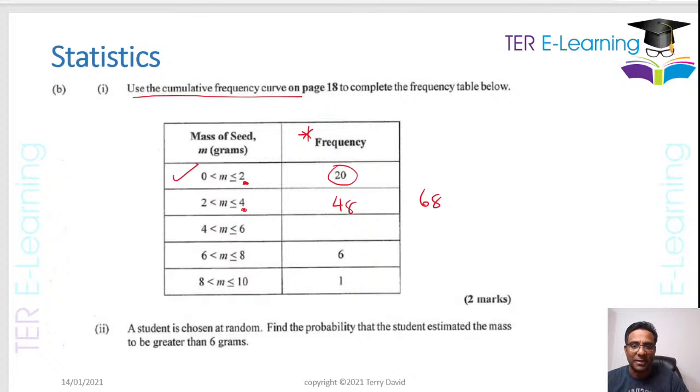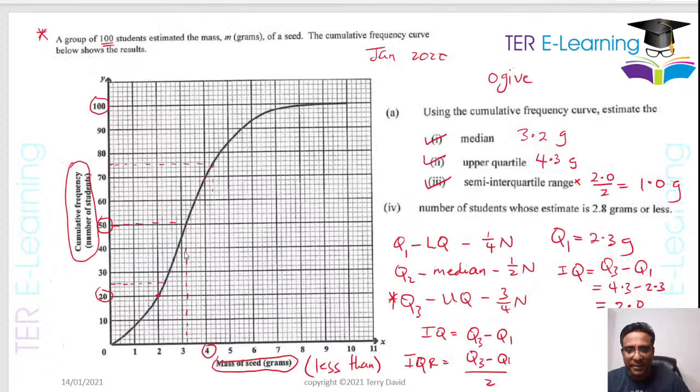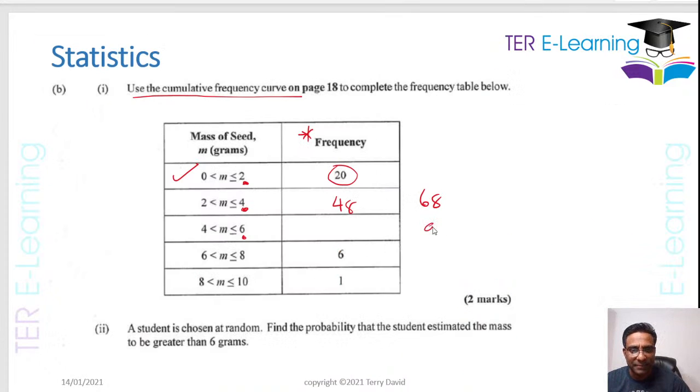Now this particular question required a little thinking, so you've got to be careful how you're doing it. The next value we need to read off from the graph is 6.0. According to this graph, that looks like 93.